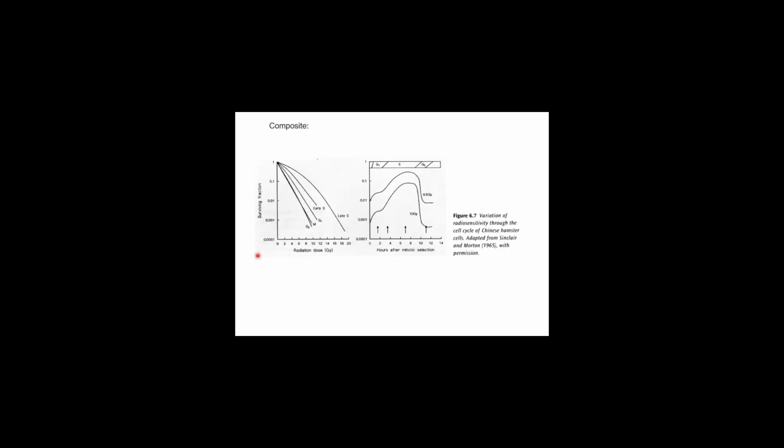But as you go up higher in dose, G2 becomes more sensitive. So on your boards, you should not be forced to separate these 2. M and G2 are considered to be equally sensitive. But if you have to answer anything and choose between those 2, you would pick M as being more sensitive because it's more sensitive at the doses that we will be using in a single fraction.